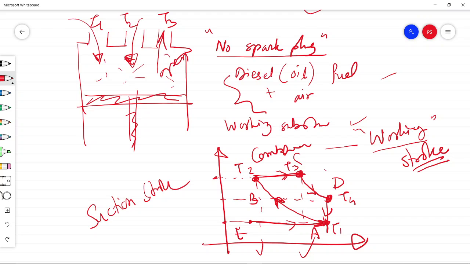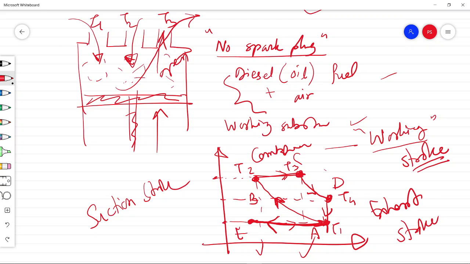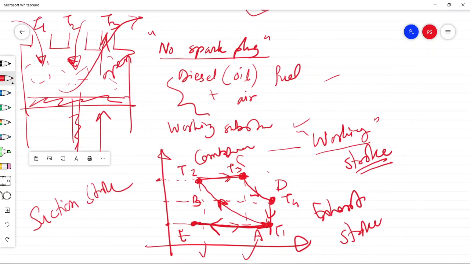After the pressure falls to atmospheric value, the piston moves upwards so that whatever is left inside the cylinder gets exhausted through this outlet valve I3, and the system returns back to point E from point A through the exhaust stroke. So this is how a diesel engine works.